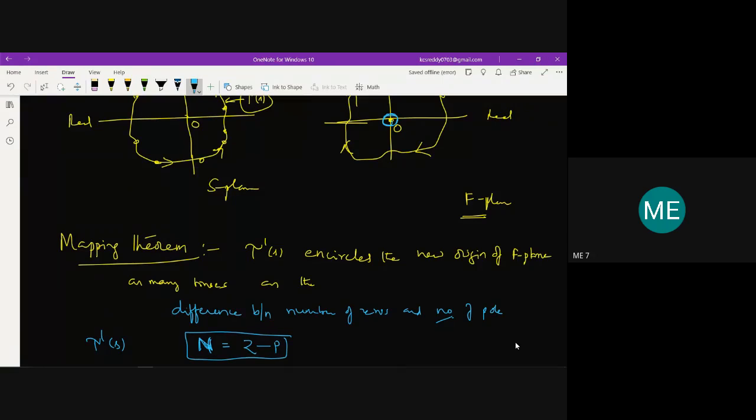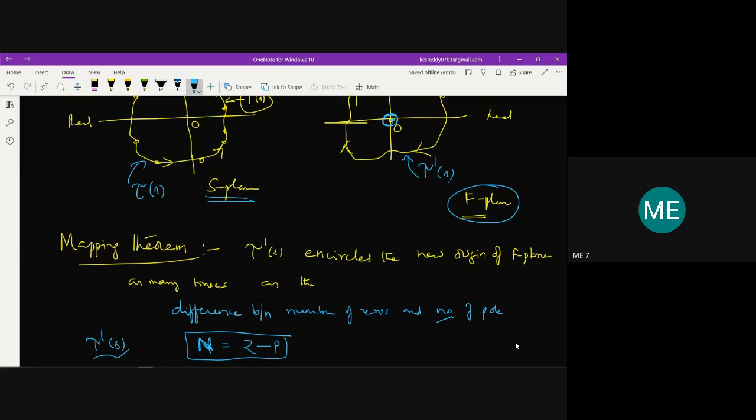This is very important, where n is the number of encirclements of the origin of the f plane by the tau dash of s path, not the tau of s path, because tau dash of s is the path in the f plane and tau of s is the path in the s plane. So how many times tau dash of s encircles this origin will be given by n is equal to z minus p.